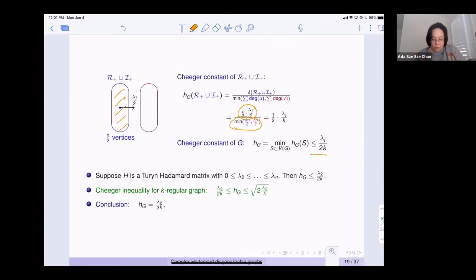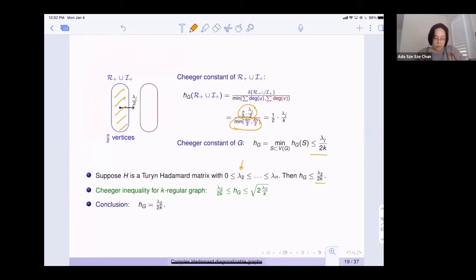Every column has plus or minus 1, plus or minus i entries. Well, the first column has only entries 1, so we don't worry about the first column. I'm going to order the lambdas so that lambda 2 is the second smallest eigenvalue. So this is telling me that the Cheeger constant of any graph that is Turing-Hadamard diagonalizable is at most lambda 2 divided by 2k.